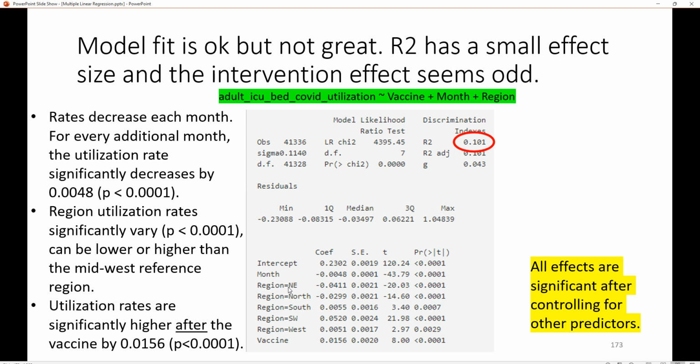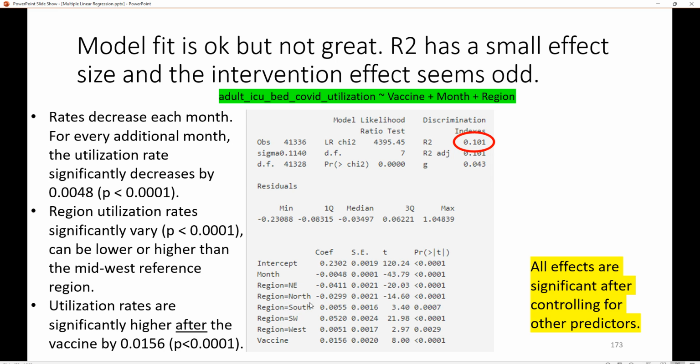So if we look at this top effect for region, that's the northeastern part of the U.S. When we look at that compared to the Midwest, the northeastern region has a lower effect size, and that's by 0.04. So in each of these 5 rows, we have 5 comparisons with our Midwest region.